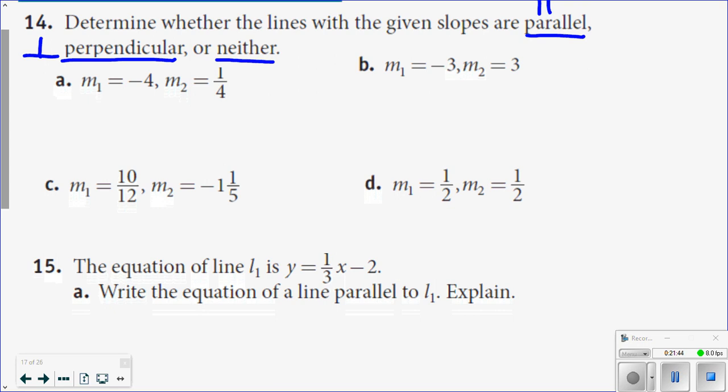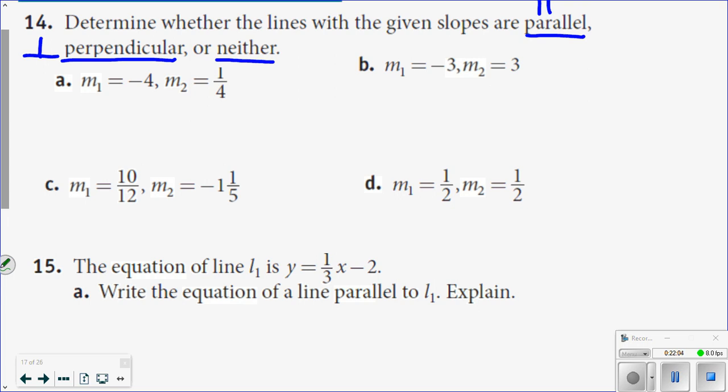So 14A, are they exactly the same? No. So they're not parallel. Okay. Are they opposites? Is one positive and one negative? Yes. Are they reciprocals? Could I flip them?